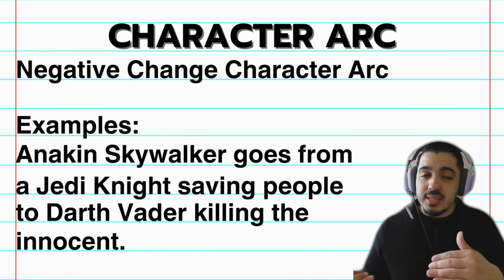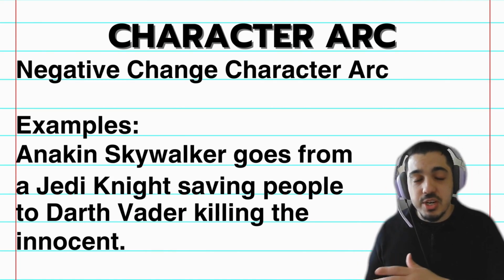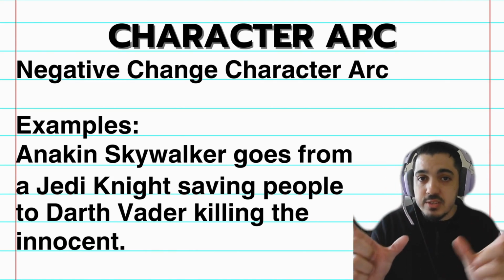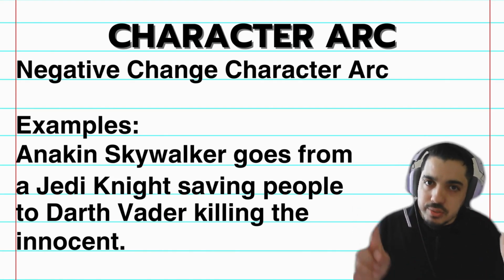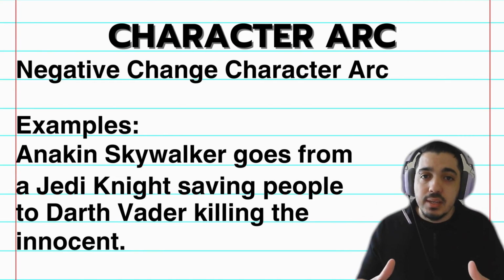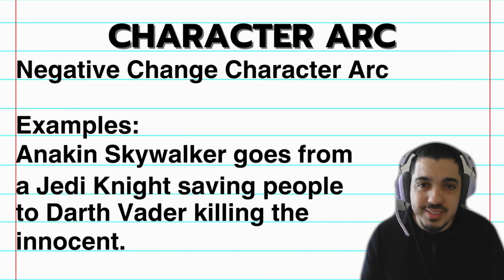So Anakin Skywalker goes from this negative to then this positive change. Obviously, it's in 6 different movies. The first 3, negative. The next 3 are positive. The originals, positive. But still, he's a perfect example for both negative and positive change character arc.